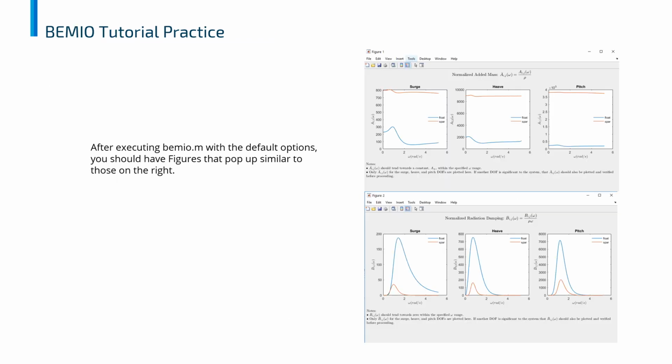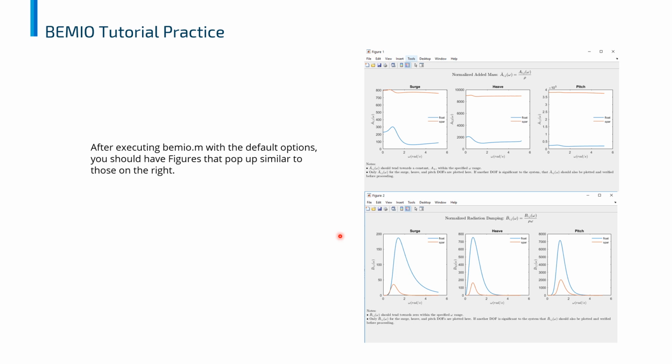So for the RM3 example, after you run Vimeo, this is what you get. You get these plots with the normalized added mass and the normalized radiation damping, for surge, heave, and pitch. And you can see that you have results for the two bodies, for the float and the spar.